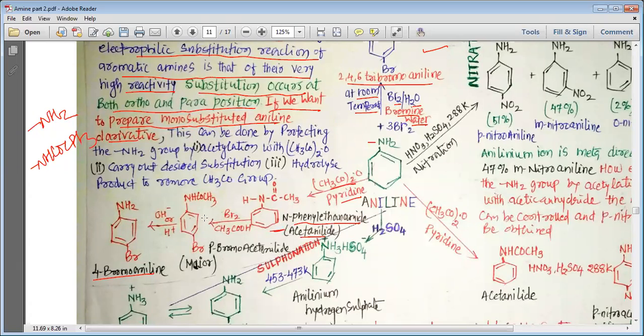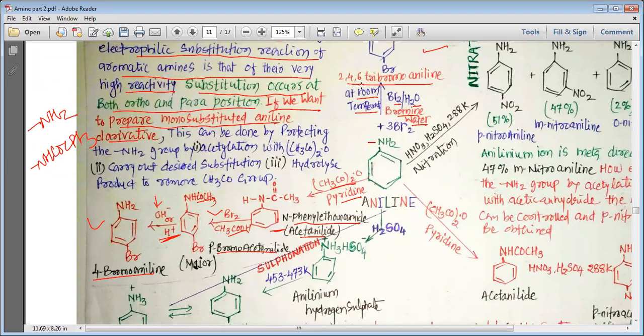This acetanilide, when it is allowed to react with bromine water in the presence of CH3COOH, acetic acid, we get para-bromoacetanilide. Now, this acetyl NHCOCH3 group can be simply removed by hydrolysis, and thus when para-bromoacetanilide undergoes hydrolysis, we get para-bromoaniline.